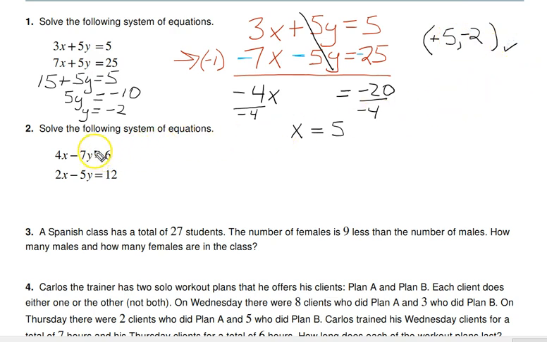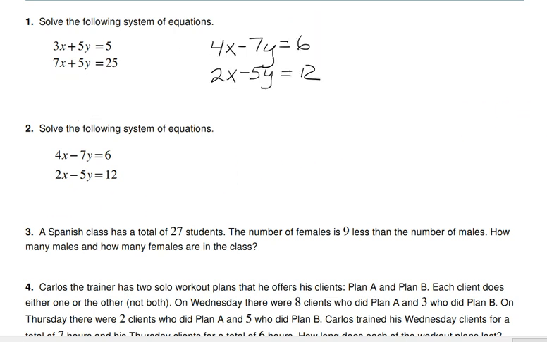Okay, we're going to do the same thing for number 2. Take a moment, write it out, and we'll look to see what can be done to eliminate one of the letters or to use substitution, whichever method. So we've written out the examples, and generally over on the left side of your paper, and we're studying them.